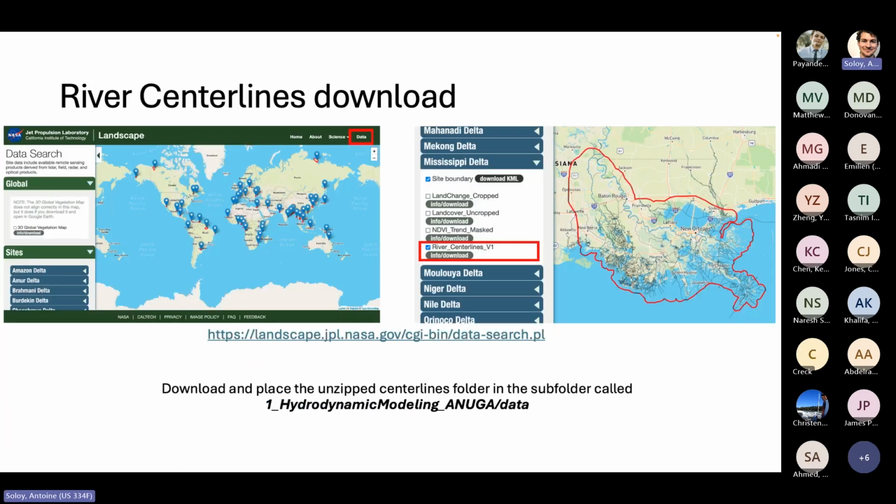Another data set that you need is the center lines. So you need to go on this website. The link is available in the instruction document. Under data here, you will slide down to the Mississippi Delta and hit download of the river centerline V1. This will download a tar.gz or GZ document.